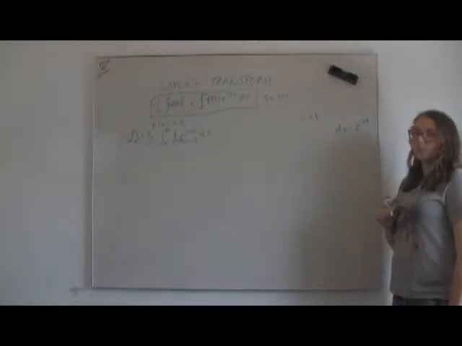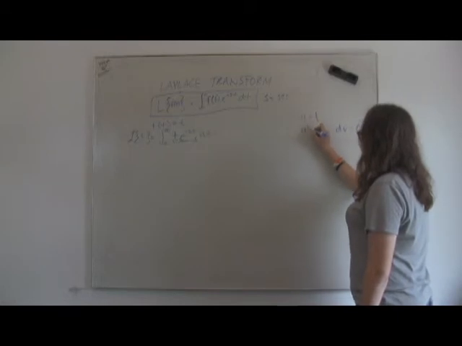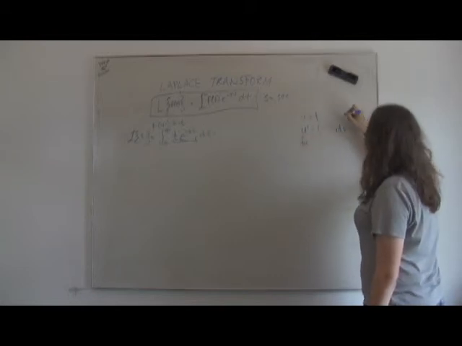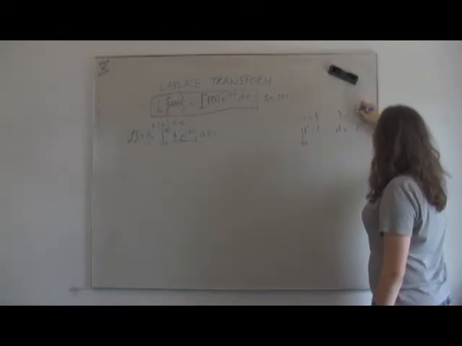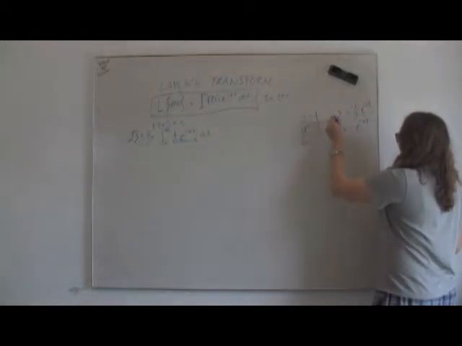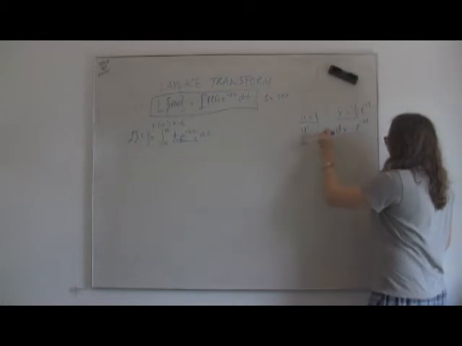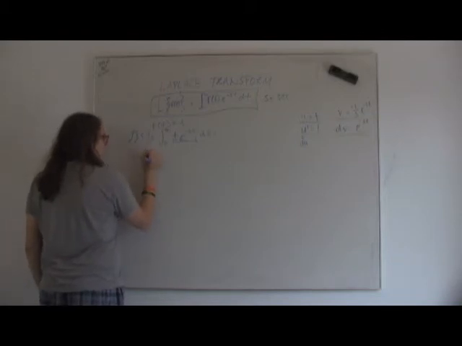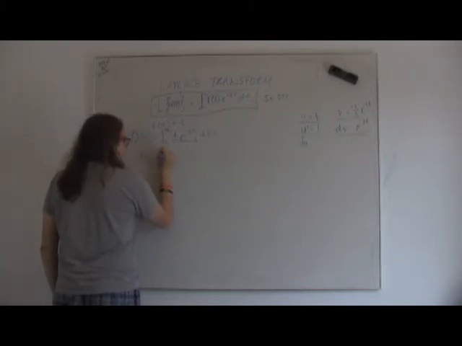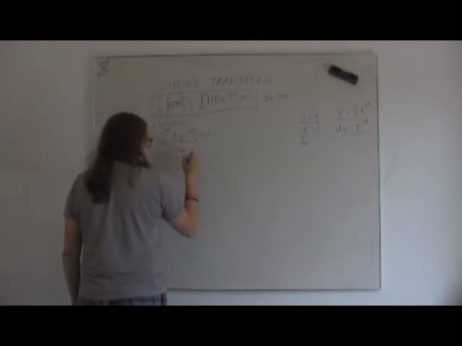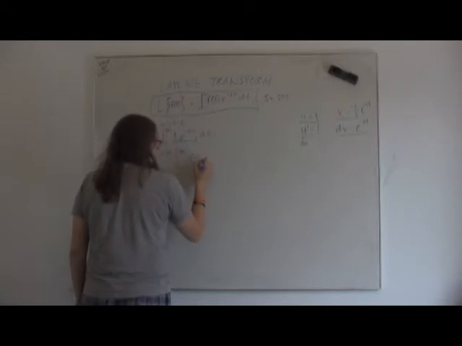So that means that the derivative of t, or u prime, is 1, and the integral of v prime, or e to the negative st, is negative 1 over s times e to the negative st. We can then go back and say the Laplace transform of t is equal to u, which is t, times negative 1 over s times e to the negative st, evaluated from 0 to infinity, minus the integral from 0 to infinity of 1, which is the derivative of u, times negative 1 over s e to the negative st dt.